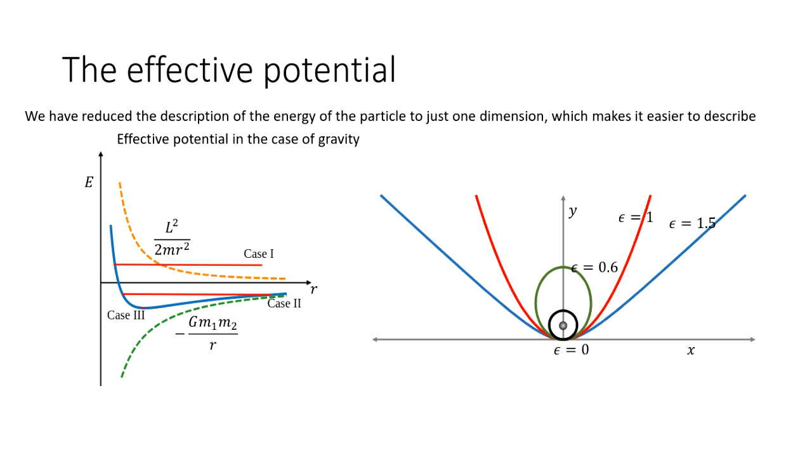But you might recognize that as r gets very, very small, the 1 over r squared part gets much bigger than the 1 over r part of the gravitational potential. And so that means that as we get really close to the central force, the 1 over r squared term will dominate, and so the total energy becomes positive.